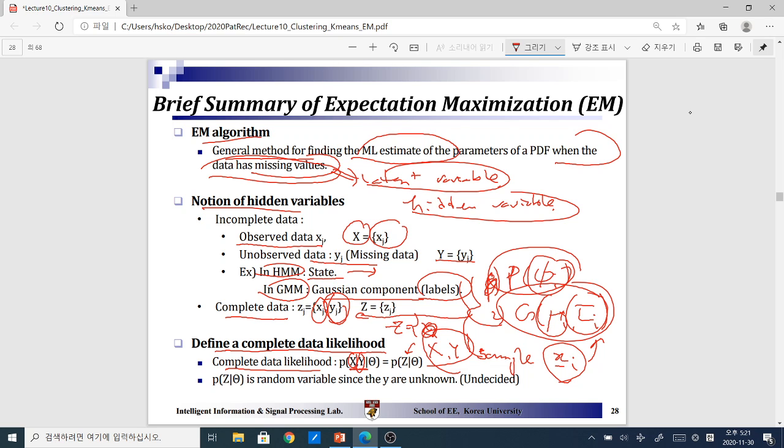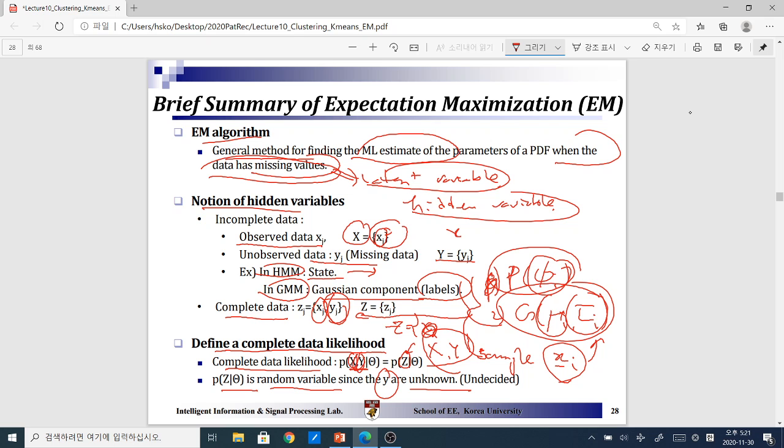Because Z is complete if you have both X and Y, but because Y is hidden, we can say that the probability of Z given the parameter is actually a random variable, because Y here is unknown or has not been decided. In other words, each sample doesn't have the information of which cluster or Gaussian it belongs to.